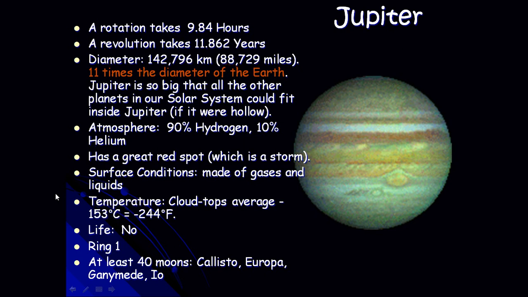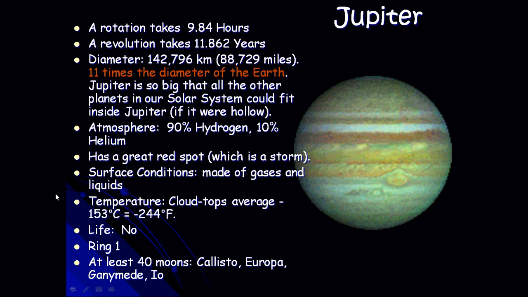Jupiter is so big that all the other planets in our solar system could actually fit inside of Jupiter if it were hollow. The atmosphere of Jupiter is mostly hydrogen at 90% and 10% helium. Very similar to the makeup of the sun, if you think about it in terms of atmosphere. Now, it has a great red spot, which everyone's aware of, and it is where the great storm is taking place.